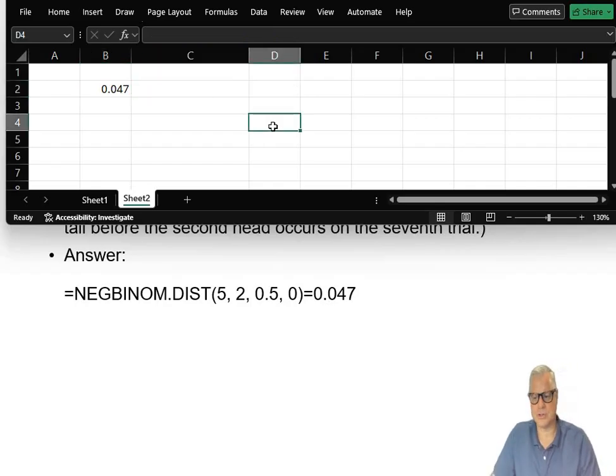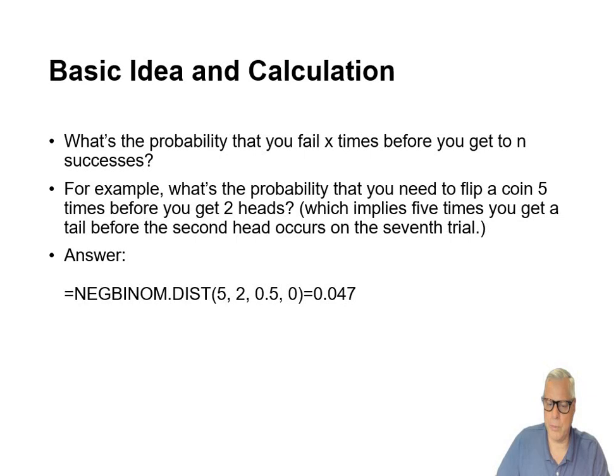Okay, so those are the discrete probability distributions. What's important is that you can apply them very quickly, especially in Excel. When you have a problem, you know: this is a hypergeometric, drawing from a bowl without replacement, this is a binomial, this is a negative binomial, or this is a Poisson.